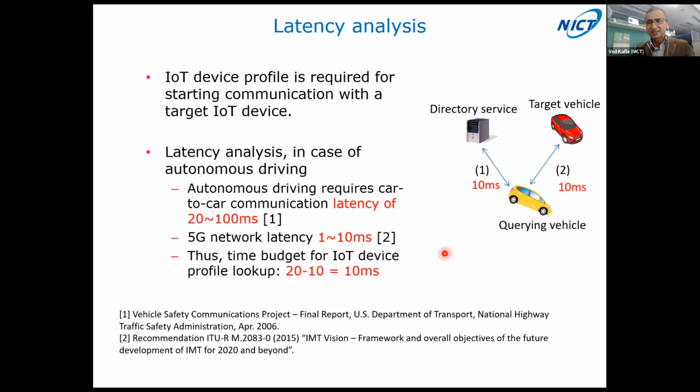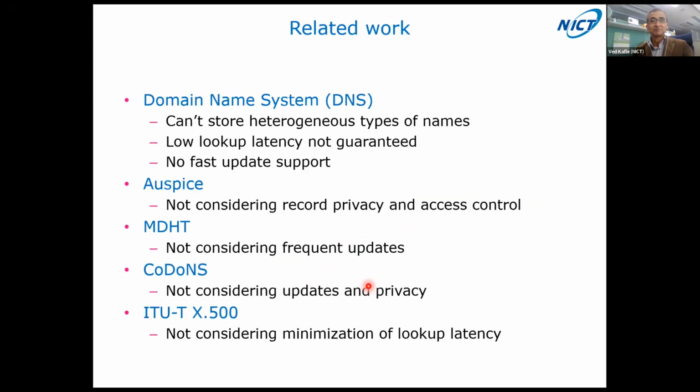You get an instant response, and based on the response content, you can decide whether the message is genuine or not. If we are considering using IoT directory service for such mission critical applications, then we came to know that the profile lookup time would be about 10 milliseconds. So within 10 milliseconds, we must be able to get information about IoT devices.